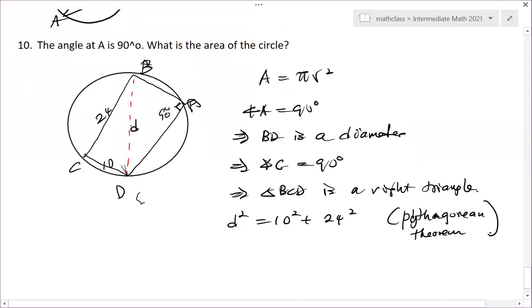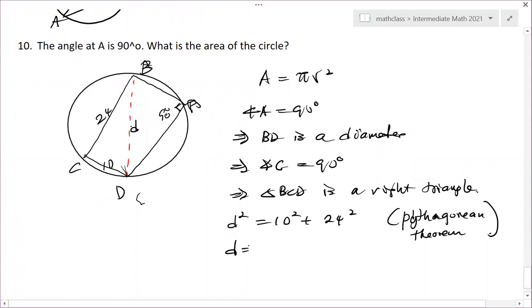So now you get D squared. What is D squared? 10 squared plus 24 squared, which is 26 squared, right? Yeah, 26. Once you get 26, the radius is going to be half of the diameter, which is 26 divided by 2, that's 13.